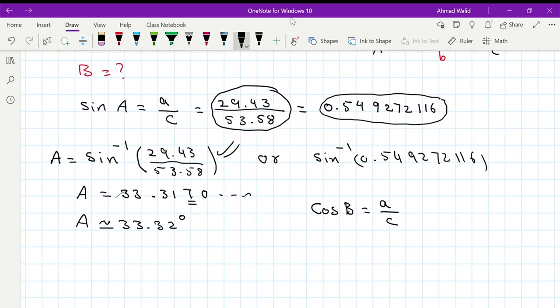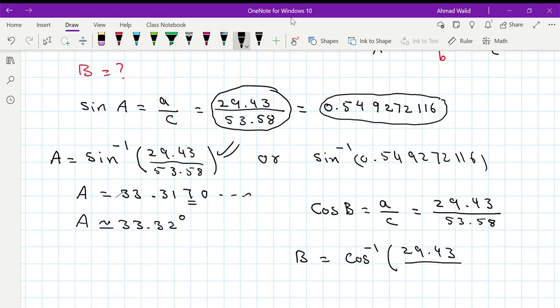Again, your A is 29.43 over 53.58. To find B, your B is equal to cosine inverse of this, 29.43 over 53.58.